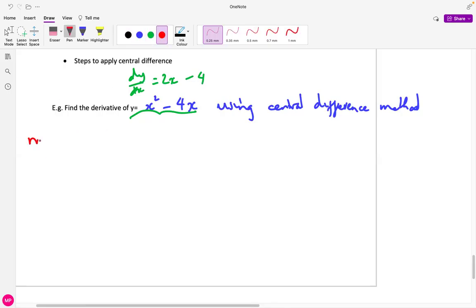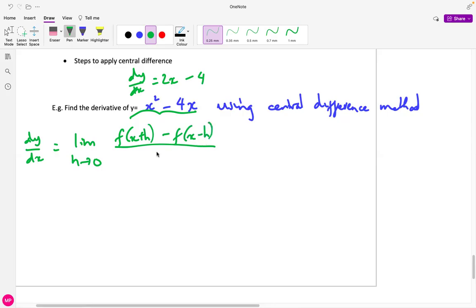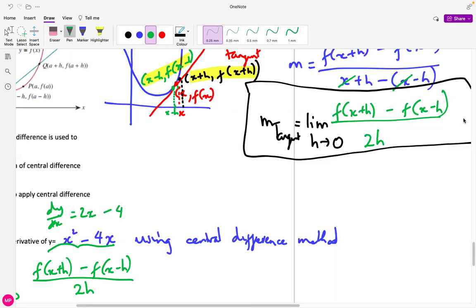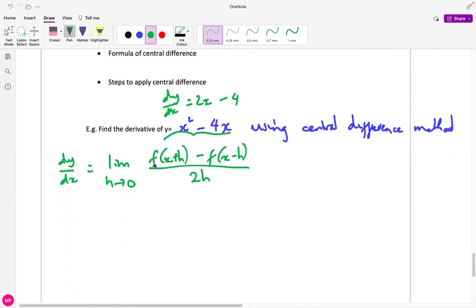Based on the formula, m_t, or the derivative, will be equal to the limit of h approaching 0 of f of x plus h minus f of x minus h over 2h. That's the formula for central difference, as you can see here. Now I'm going to sub it in. So f of x plus h is where you substitute the letter x with x plus h.